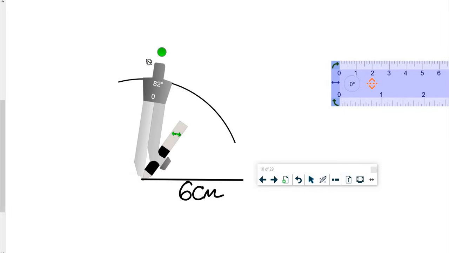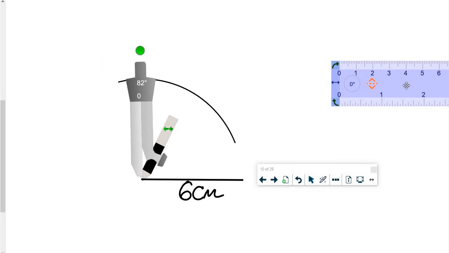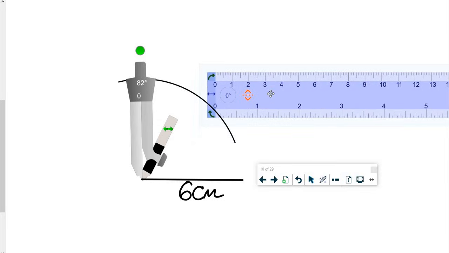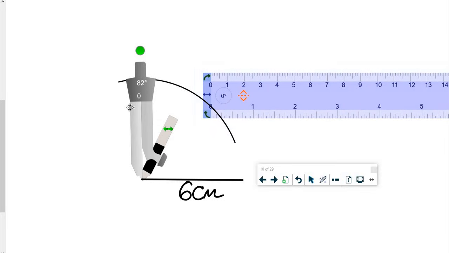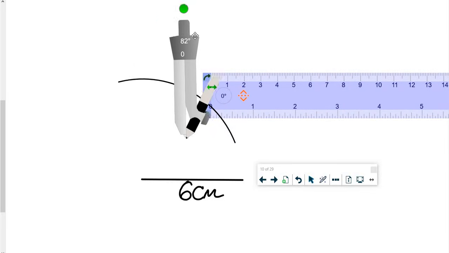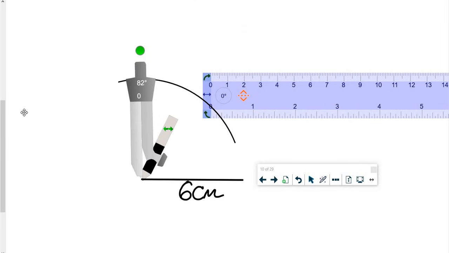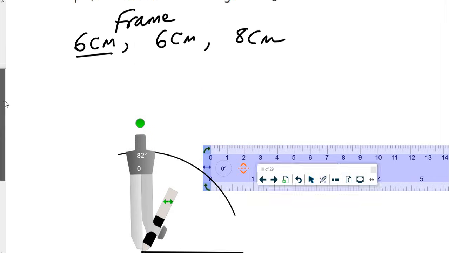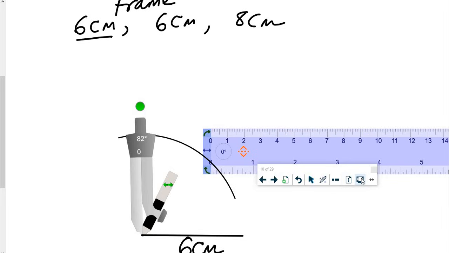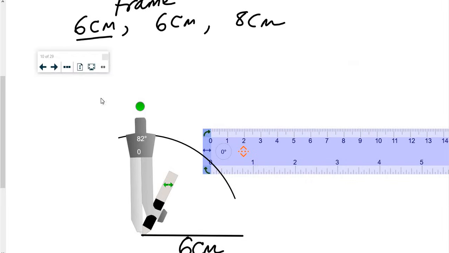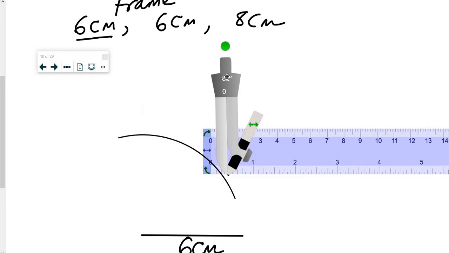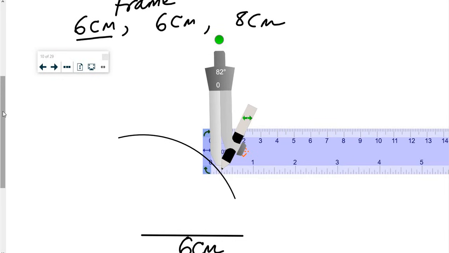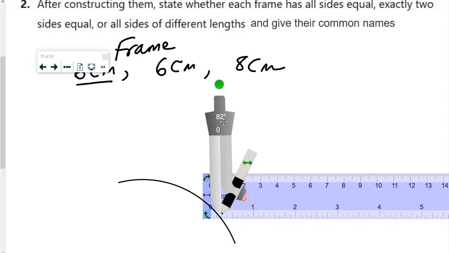Then take your scale. This time we're going to open to the radius of 8 centimeters. So you need to be very careful when you're doing this. Don't rush, because you can lose accuracy.